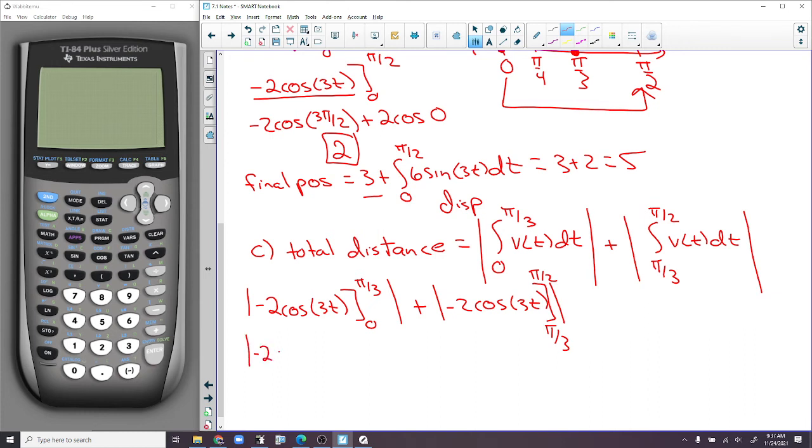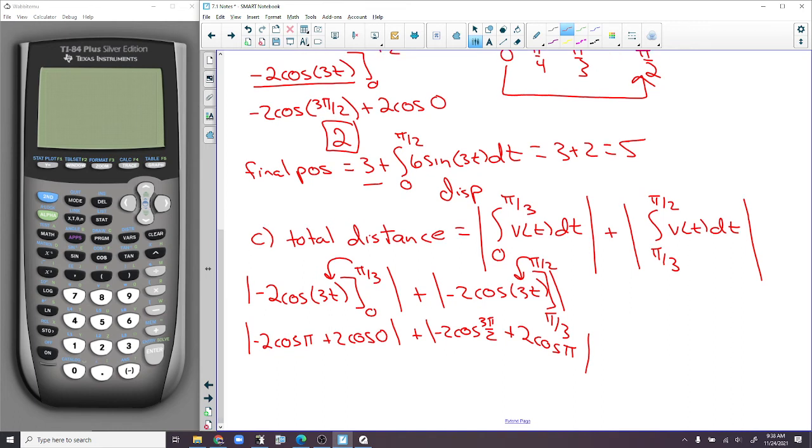So negative 2 cosine of pi, because if I plug pi over 3 in, the 3's are going to cancel, plus 2 cosine of 0. Plus negative 2 cosine of 3 pi over 2, because we're going to plug the pi over 2 in, plus 2 cosine of pi, because the 3's will cancel.